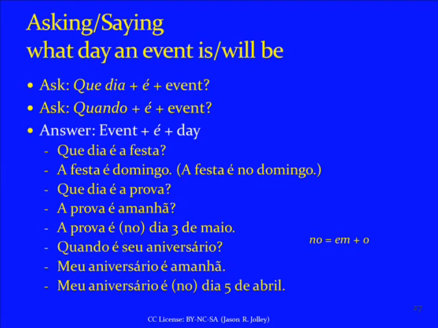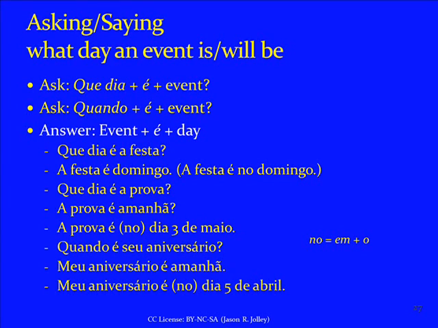The person will answer if they know: the event, whatever it is, a festa, a prova, o aniversário, and then the form é, which again is the third person singular of the verb ser, if you remember previous lessons, and then the day, or maybe the date, depending on the nature of the event and how specific and how near it is in time. So just a few examples of this to close out our lesson.